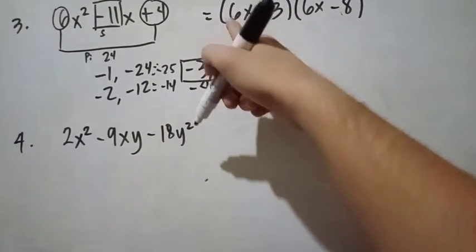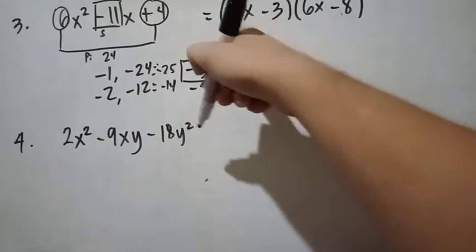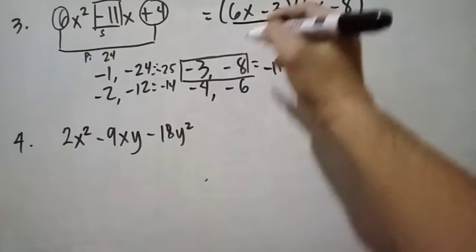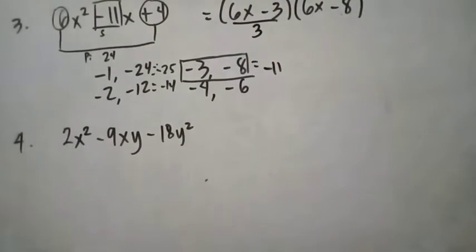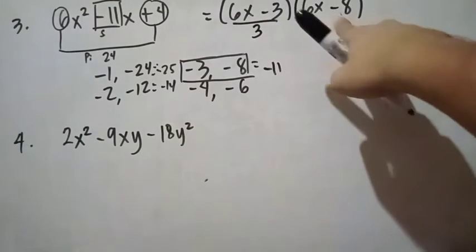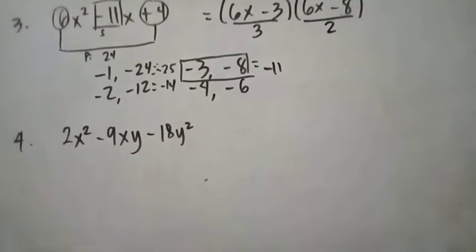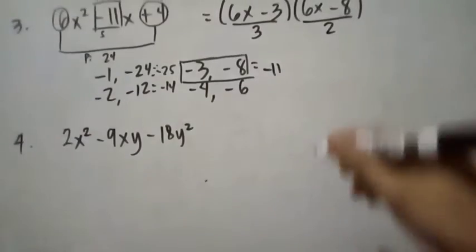So, dito, 6 at saka 3, 6x minus 3, i-divide natin sa common factor which is 3. Tapos dito naman, 6 at saka 8, i-divide natin pareho sa 2, because yan yung common factor nila.